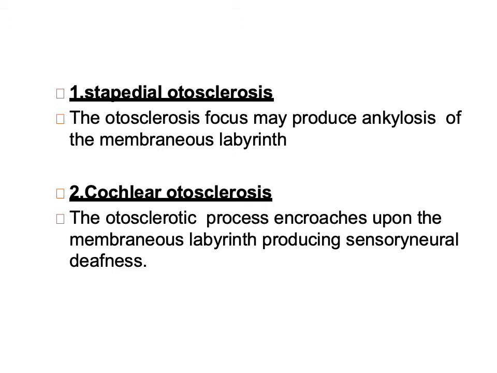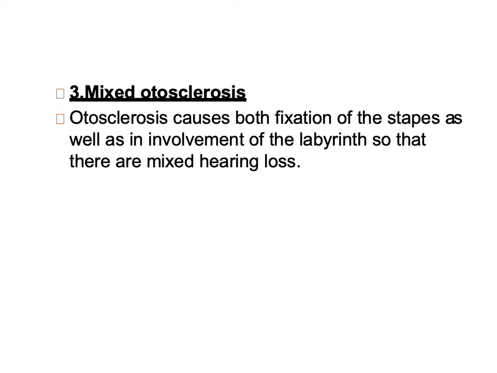Whereas in cochlear otosclerosis, the otosclerotic process encroaches upon the membranous labyrinth, producing a sensorineural type of deafness. In mixed otosclerosis, there is both fixation of the stapes as well as involvement of the labyrinth, so that there is a mixed type of hearing loss.